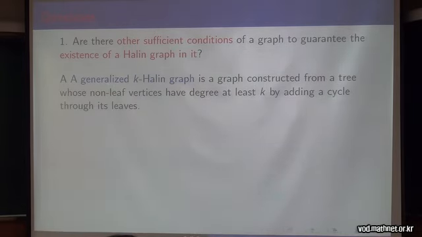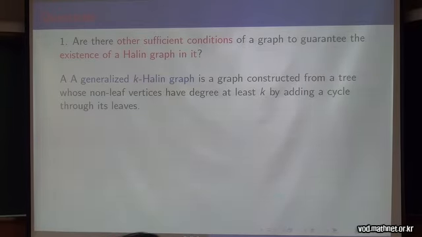A generalized k-Halin graph is constructed from a tree, not a plane tree. So we deleted that condition. The condition is almost the same, but we put k in here, so non-leaf vertices have degree at least k. And the same thing, we add a cycle through each leaf. This definition was created by us, so you couldn't find it online. But anyway, what happens?